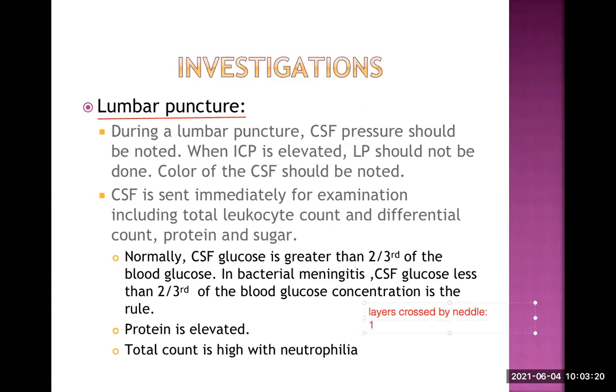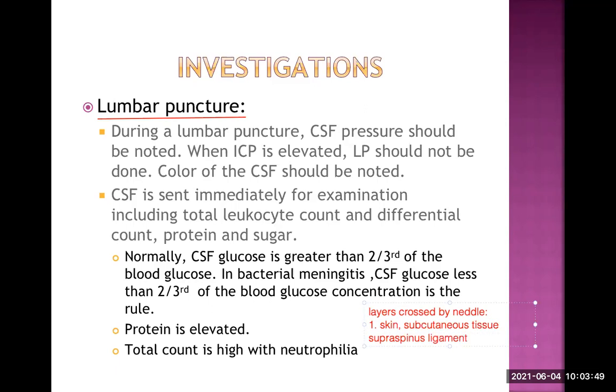The first one is the skin, then subcutaneous tissue. You can write one or two or one. Now number 3 is the supraspinous ligament.